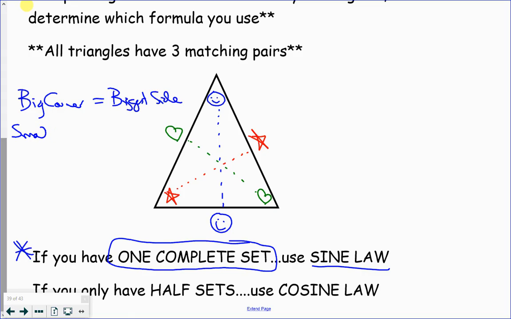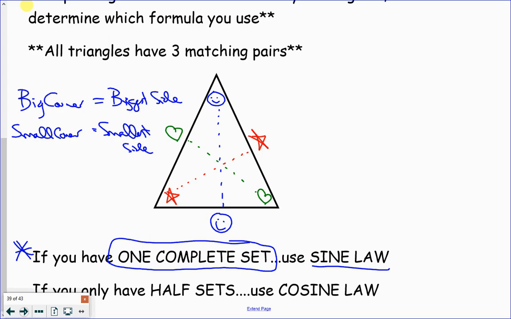The smallest corner will match the smallest side. So if the happy face is the biggest angle, then the happy face side has to be the biggest side. If the heart is the smallest corner, then the heart has to be the smallest side. If the happy face is the biggest corner, but the happy face side is the smallest, you've done something wrong. They have to match.